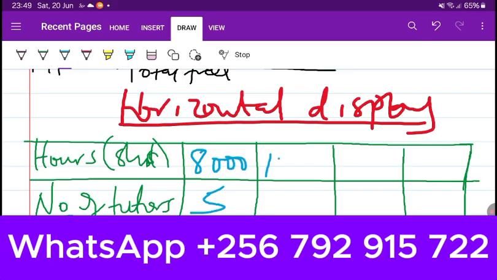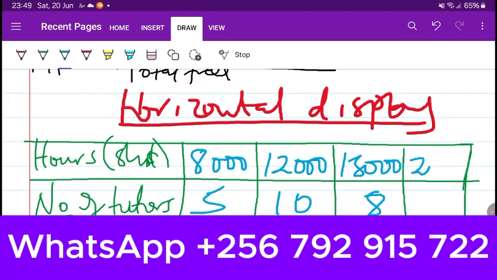Those who are earning 12,000 per hour, we can assume that they are 10 people. Those who are earning 15,000 per hour, maybe they are 8 people. Then those who are earning 20,000 per hour, they are 2 tutors. So this is a horizontal expression.